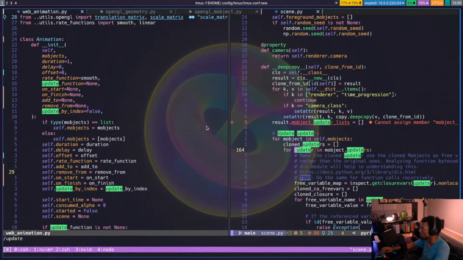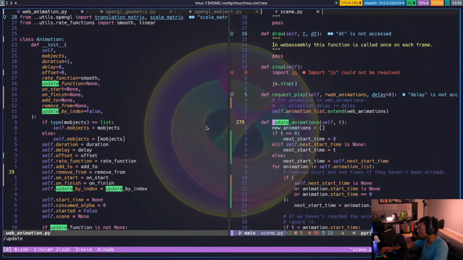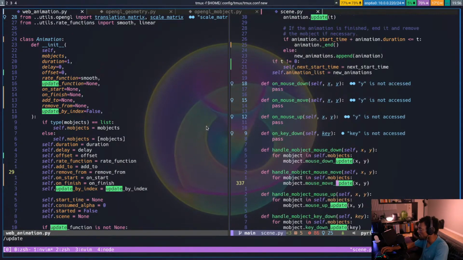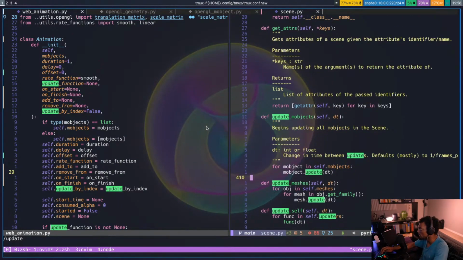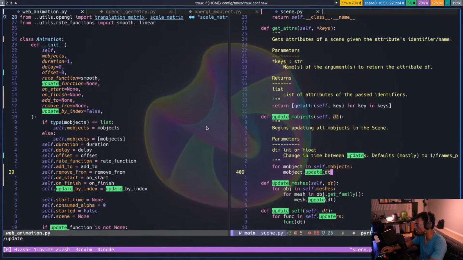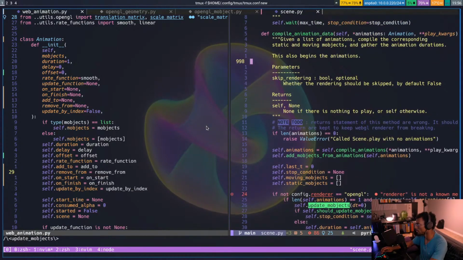Next for... wait. Update animations. There's animation.update. Oh yeah, object from object and self.objects object.update. But I think this is only called in play or something. Compile animation data.